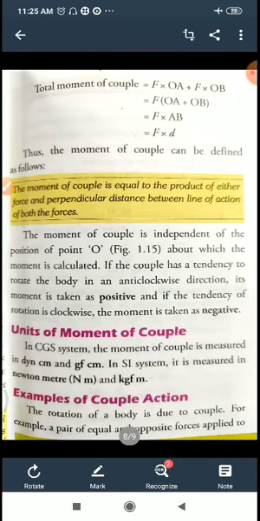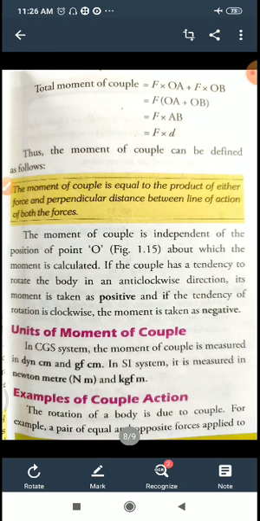So, the moment of the couple is independent of the position of point O about which the moment is calculated. If the couple has a tendency to rotate the body in an anti-clockwise direction, its moment is taken as positive, and if the tendency of rotation is clockwise, the moment is taken as negative.